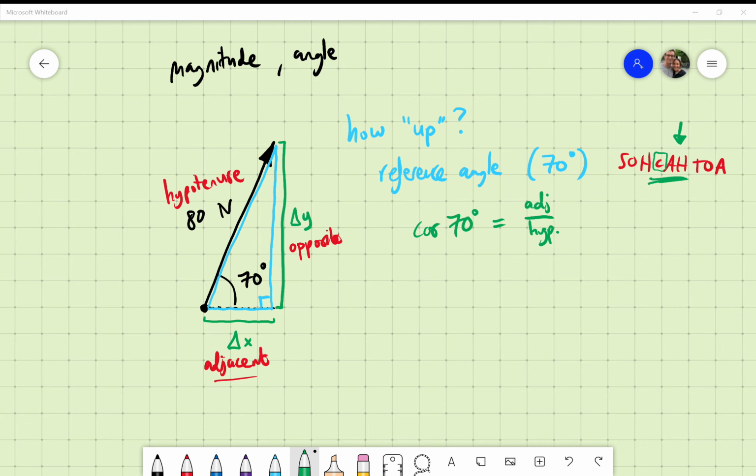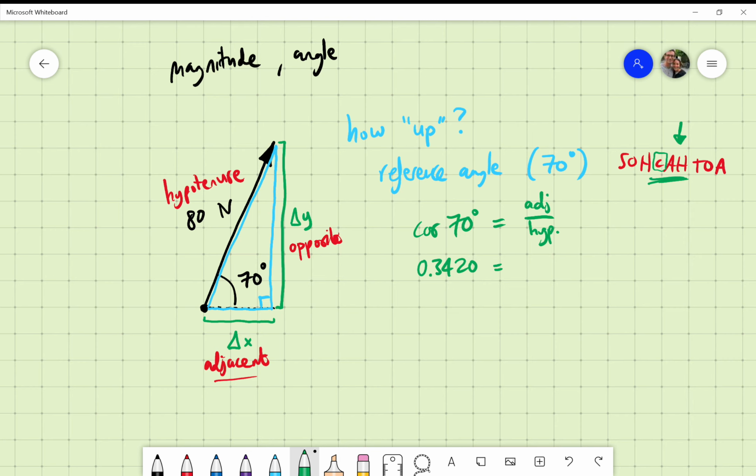And we work out what cosine of 70 is, which is done on your calculator. The answer is about 0.3420. Four significant figures is a good safe number. Remember that. That's what our textbook holds to as well. So that means the ratio between the adjacent and the hypotenuse is 0.3420, or about 34%, in other words.